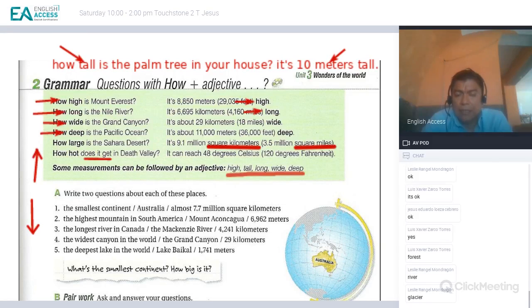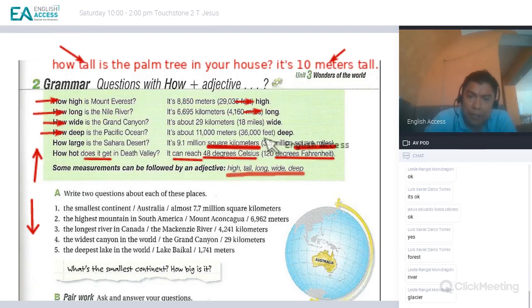And it says it can reach, it can go up to 48 degrees Celsius. And that's it. That's our description. Or 120 degrees Fahrenheit.